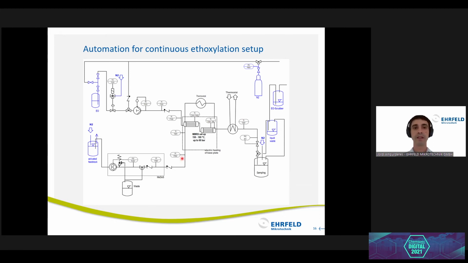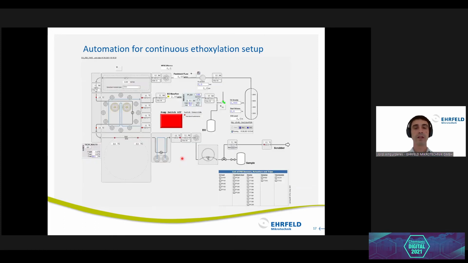In the next slide, I'm showing a graphical representation of a project that we set up for ethoxylation some time ago. The setup in general may not seem that complex, but in terms of automation and process control it is one of the most complex projects that we had so far. As I said, due to the presence of EO, many safety measures must be applied in order to avoid any problem.